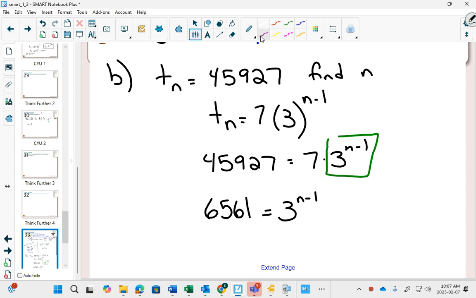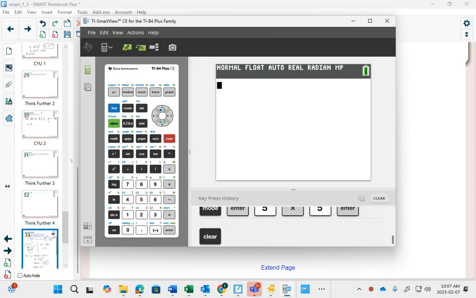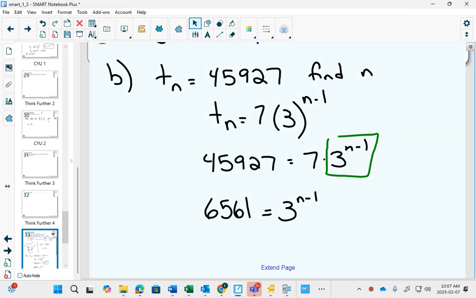You can't have term 32.65. It's going to be a nice whole number. So I'm going to take my calculator out and try some 3 to the 6, 729. I want 6561, so do you see I have to go bigger, right?